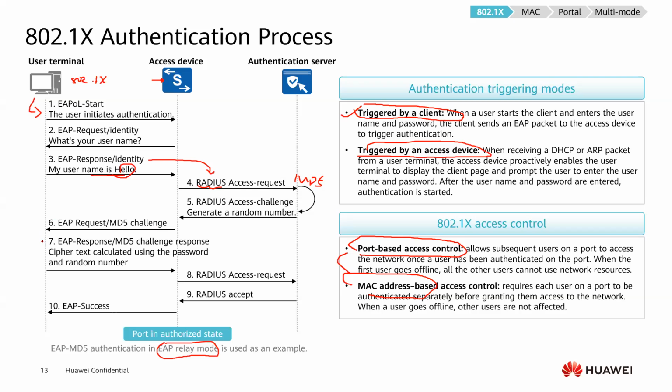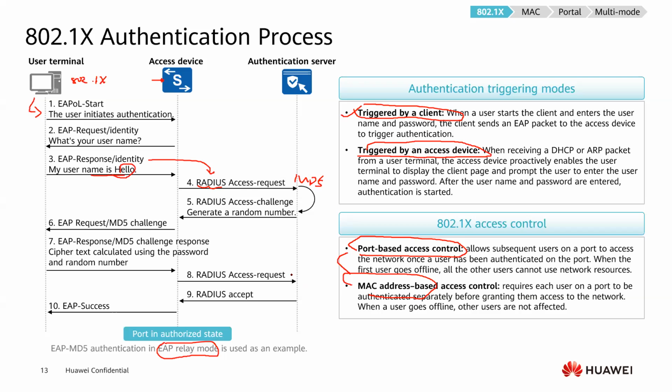And when the terminals receive this challenge ID, it will use the MD5 algorithm to calculate the password and generate a cipher password, and it will send this to the access devices, which transmit it to the authentication server.